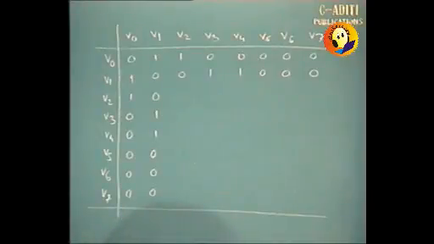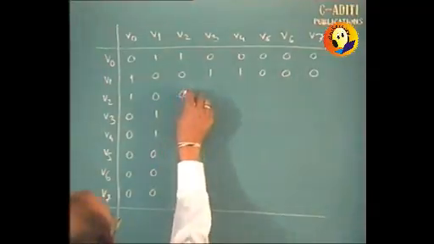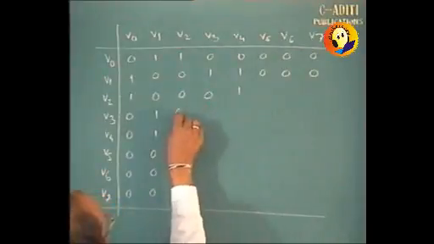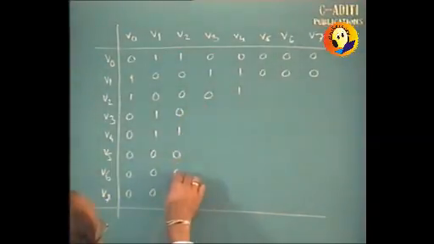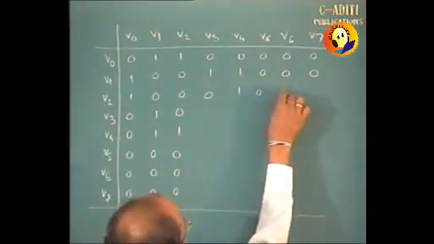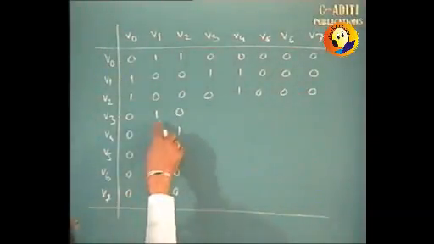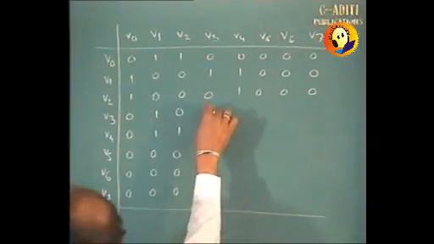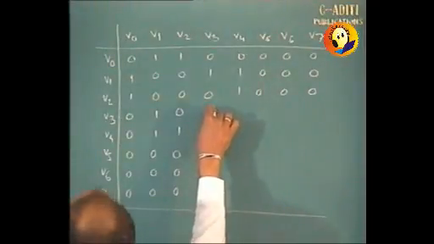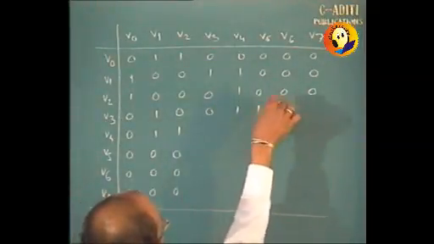From V2 it is only V4. From V3 it is V1, already shown, then V4, V5, V6.